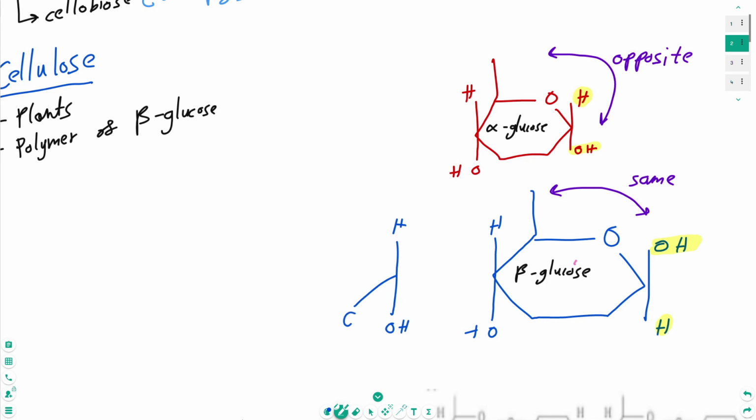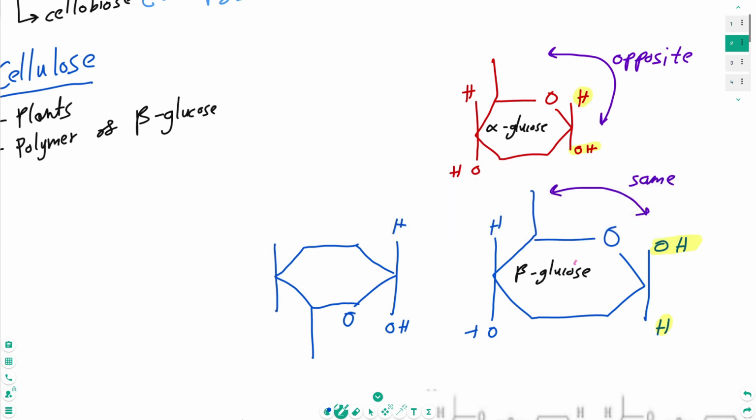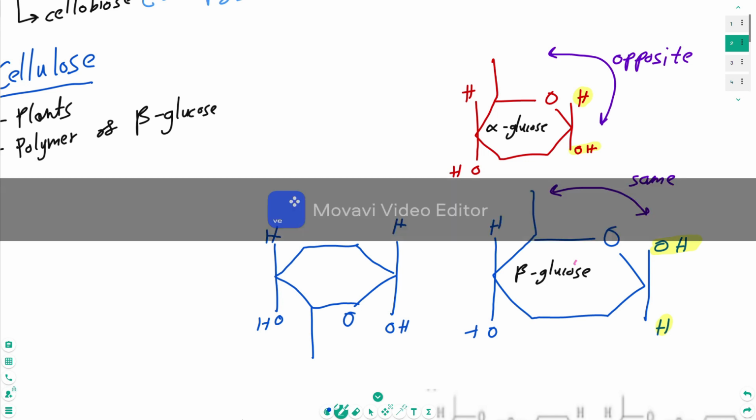So here we have the O. I basically need to draw this kind of shape. So you can see here it's inverted slightly. And let me just do this. There we go. So this is another beta glucose molecule.